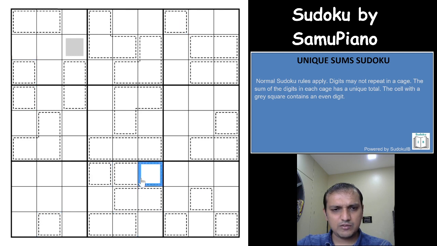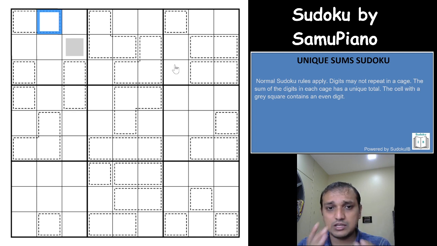Let us count 10, 11, 12, 13, 14, 15, 16, 17, 18, 19, 20, 21, 22. So the minimum total for the largest cage is at least 22. You can get more than 22 as well. We are not sure, because there is no rule that the cage totals would have to be 1 to n, where n is the number of cages. So you can even have a cage total of 21 and the next cage total can be 23. So we are not sure of it.